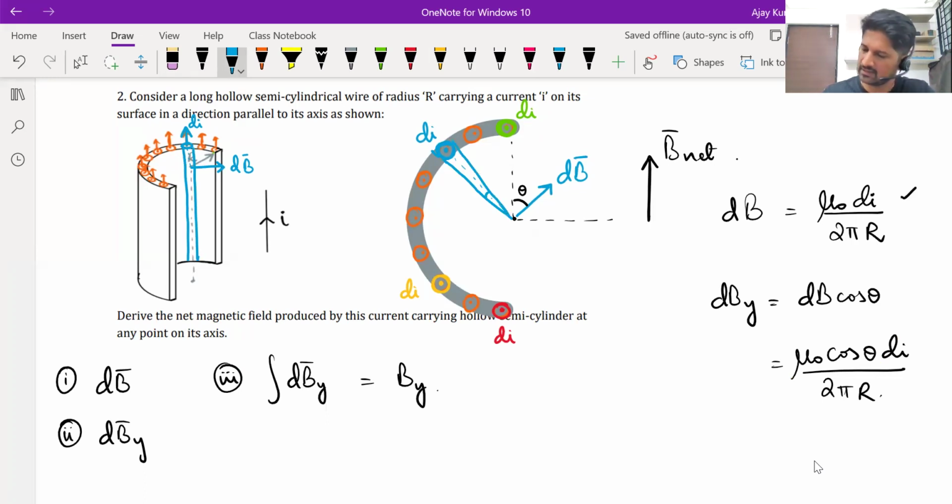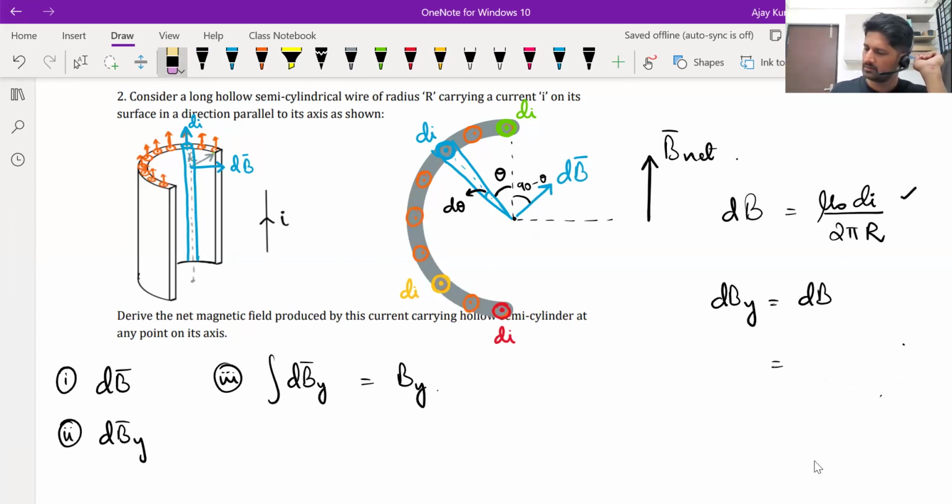Can we call this d theta? We'll make some adjustment here. Let's take this angle as theta, and this becomes 90 minus theta. So the component in the y direction becomes dB cos(90 minus theta), that is sin theta. That adjustment I'm making just to avoid confusion.